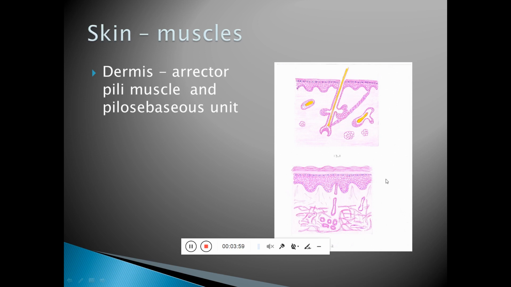And the epidermis has depressions in between two dermal papillae, known as epidermal papillae. So both surfaces are interconnected.